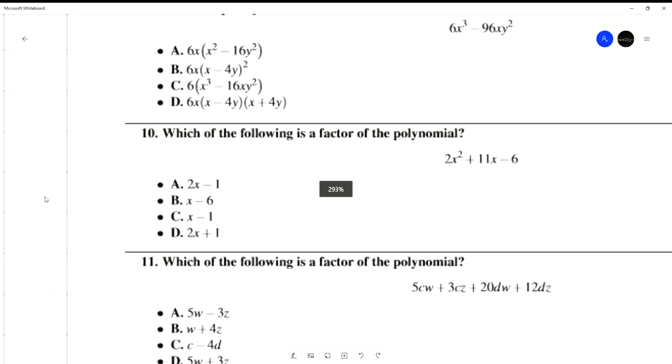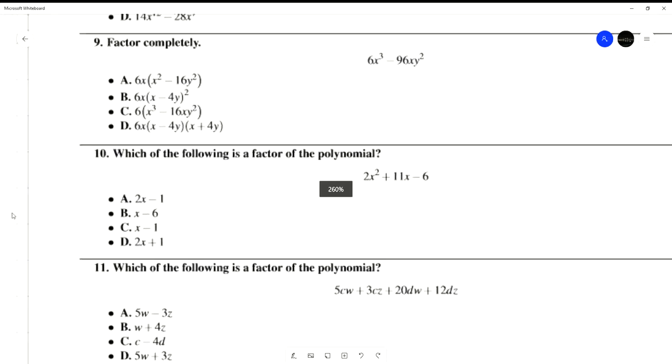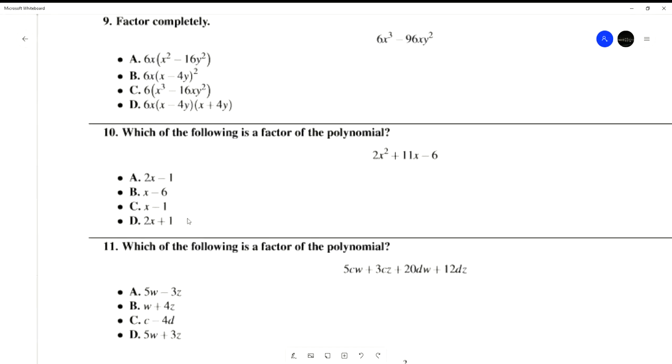Now let's go back to this. Oops. Zoomed in a little too much there. Okay, factor. We look for our GCF, right? Always look for the GCF first. And we get, let's see here, I think 6x is our GCF. Yep. So we have 6x, and then we have x squared.